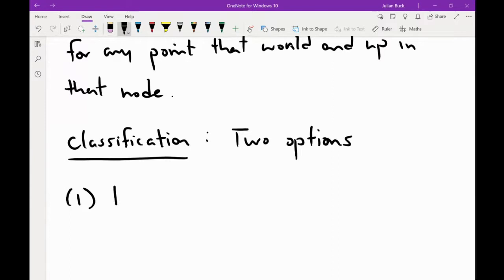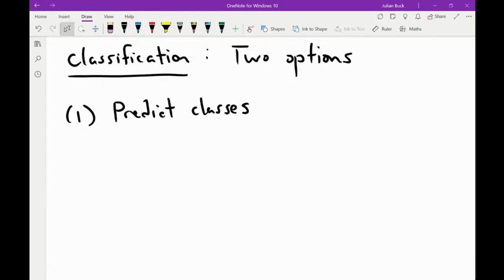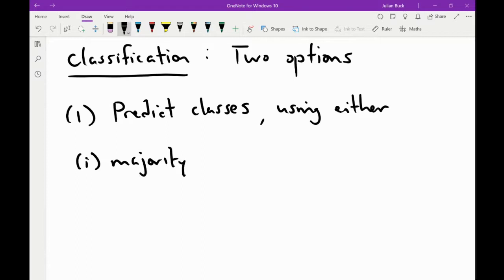So the first possibility is predict classes. Now there's two sub-approaches here. One is just majority, what we call majority vote or majority representation.